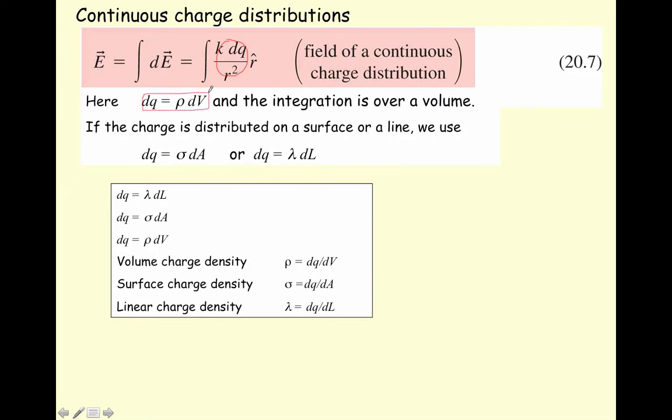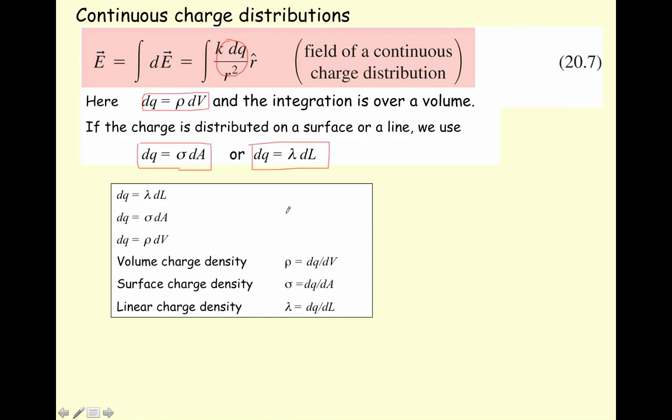We have only 3 cases to consider. In the case of a volume, which will be a sphere, dq is equal to rho dv. In the case of an area, that will be something like a sheet that has a charge distributed uniformly over it, dq will be sigma dA. And in the case of a line charge, dq is lambda dl.